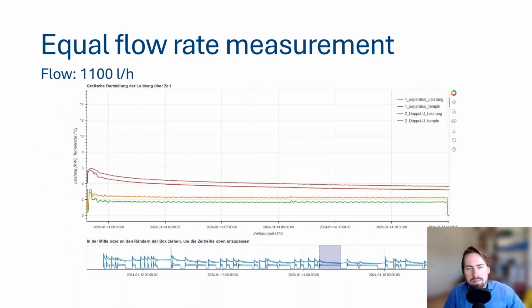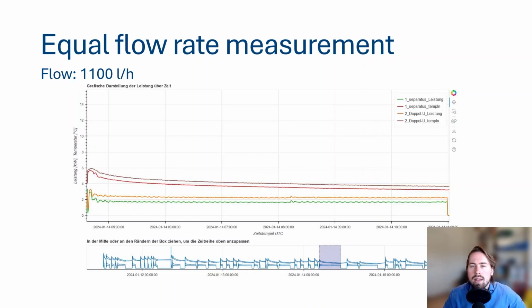The first experiment was with an equal flow measurement. They put the valves in such a position that both the double U-tube and the Separatus had a flow rate of 1,100 liters per hour, and they did that for over 90 hours, which you can see is the time frame below.